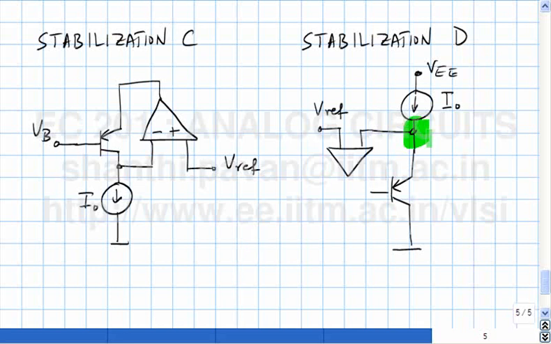If this potential is increasing, it means that the emitter current is too small, which means that the base potential is too high. So what must I do? I must reduce the base potential. And how is that possible? So what should be the signs in the op amp? Plus and minus.